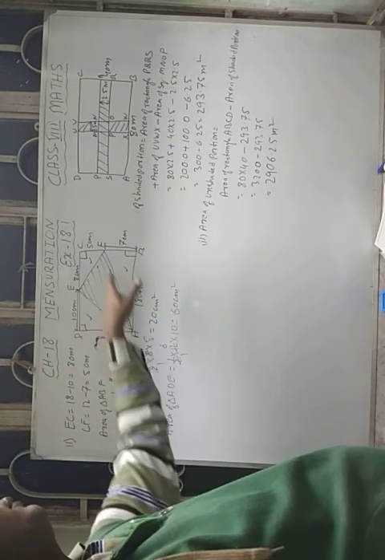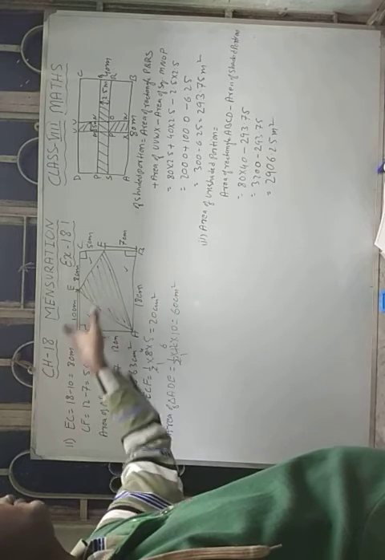Now if you want to find the area of the shaded portion, just subtract the area of these three triangles from the whole rectangle.